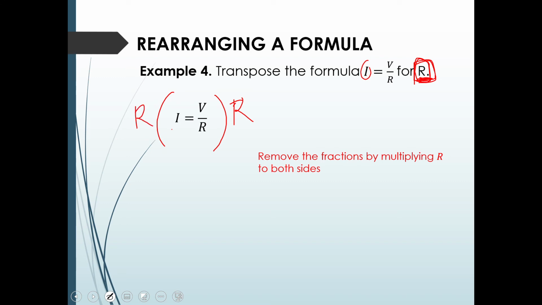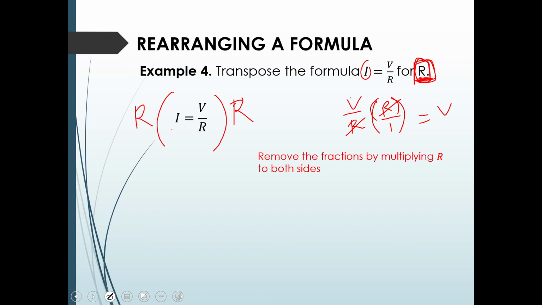Remember, in a fraction, if you have v over r times r, so r over 1, we can remove this r, so we only have v left. That's why we multiply by whatever is the denominator here.